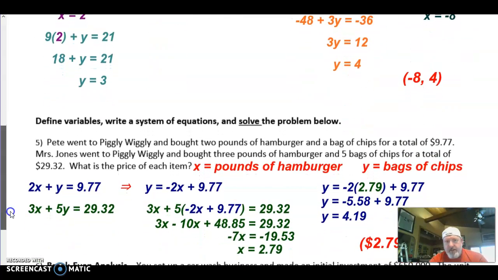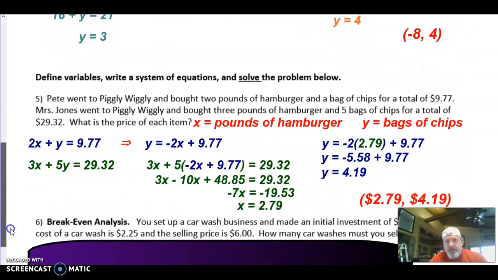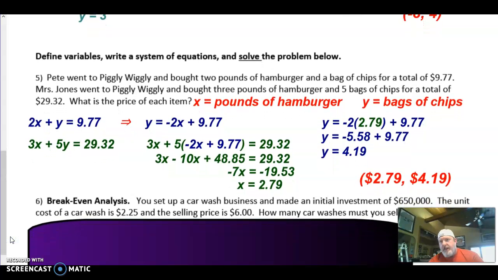Second last problem here on this page, we have the hamburgers and bag of chips here at Piggly Wiggly. So Pete went in and he's got 2 pounds of hamburger, 1 bag of chips, and spent $9.77. And then we have Mrs. Jones, who got 3 pounds of burger, 5 bags of chips, and spent $29.32. What I did was solve this top one for y.